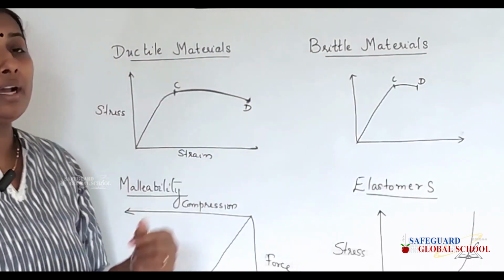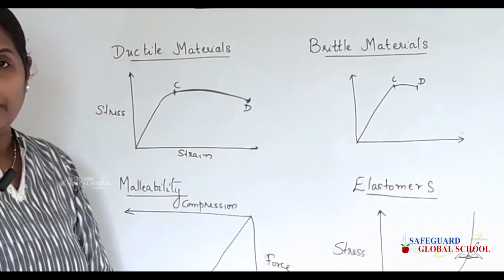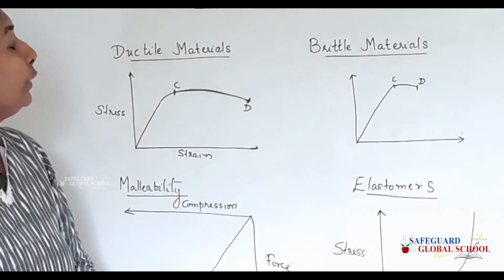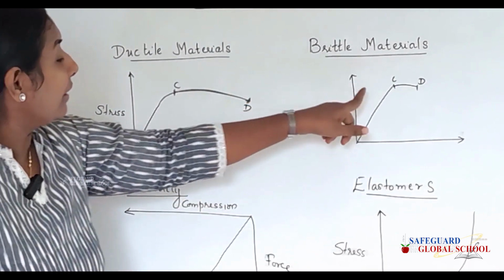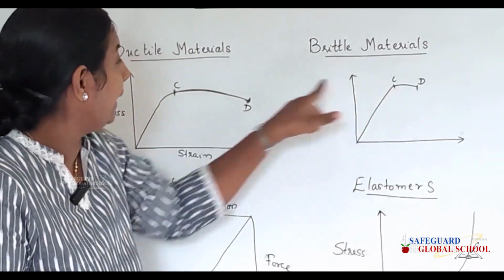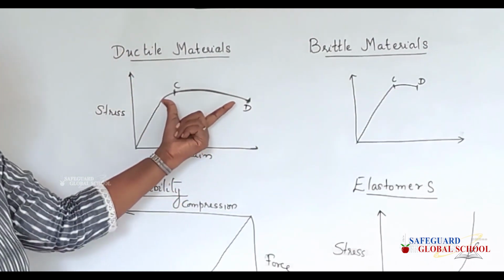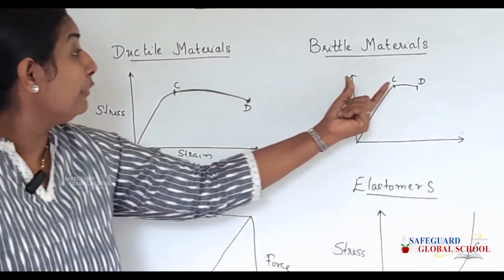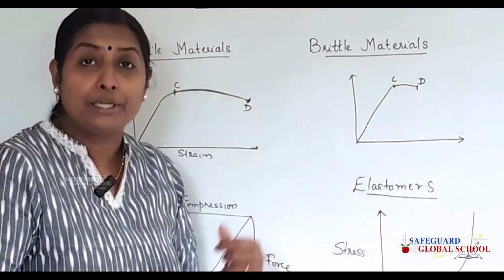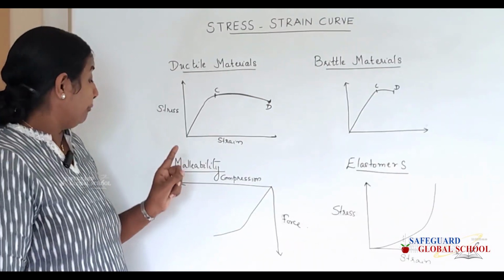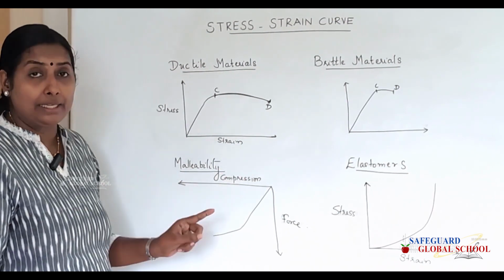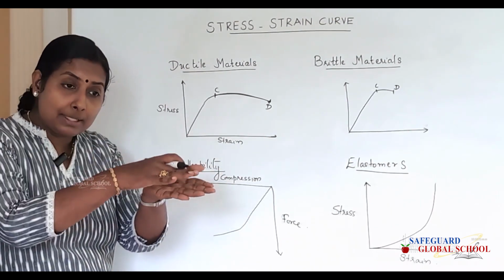A question can be asked to you. Two graphs will be given. Identify the brittle material. You have to note the relative distance between C and D in these two graphs. If it is long, it will be a ductile material. If it is small, it will be a brittle material. The third category is malleable materials. Malleable means we have to compress them.